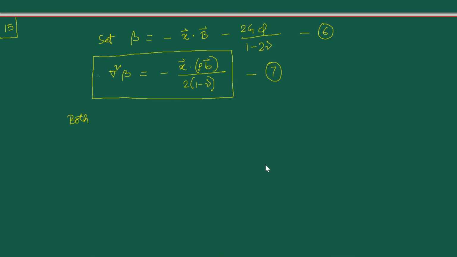So both equations 2 and 7 are Poisson equations satisfying the initial motivation.